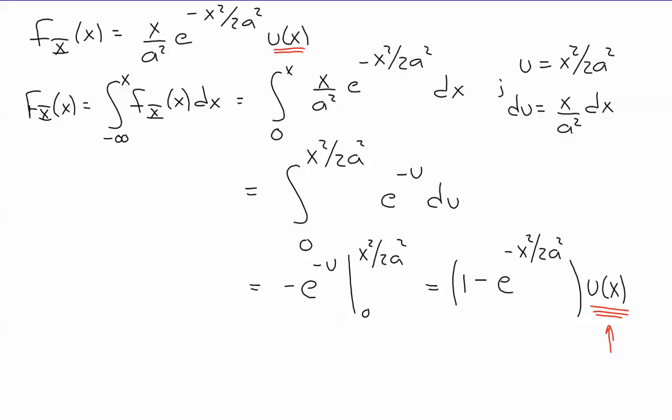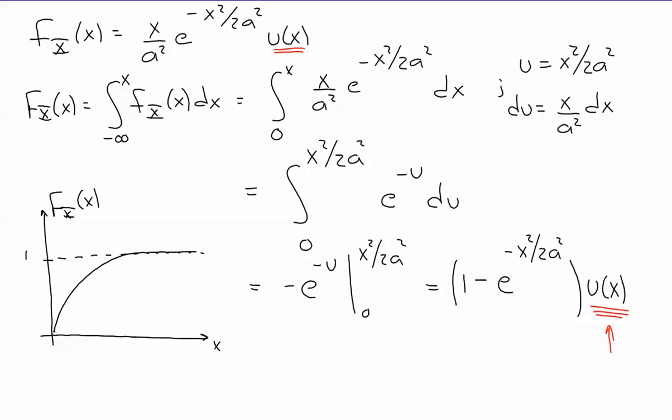Alright. So then we can sketch this. Cumulative distribution function peaks out at 1 and looks something like that.